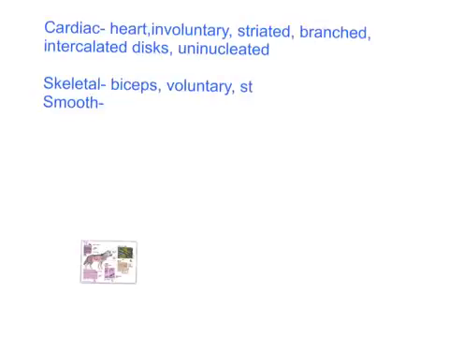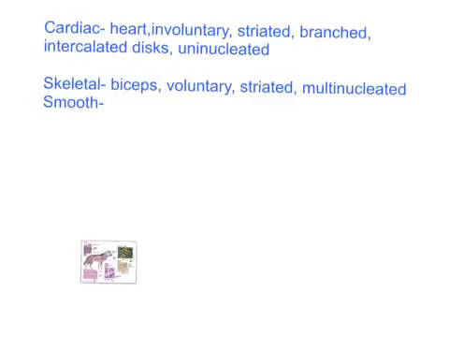All right, so we're going to say striated. It's multinucleated, meaning it has more than one nucleus. All right, voluntary, and you know where they're found.